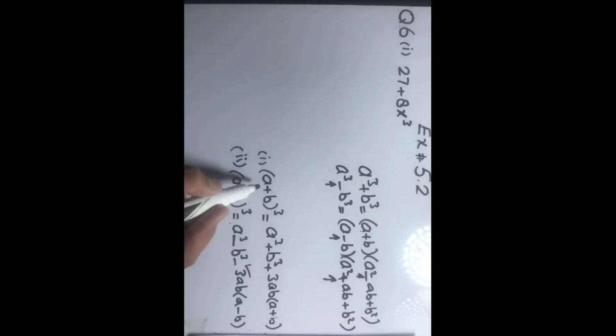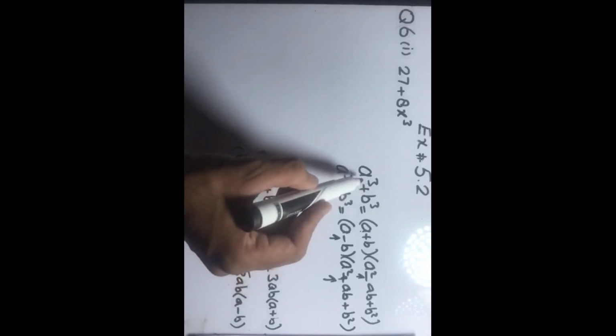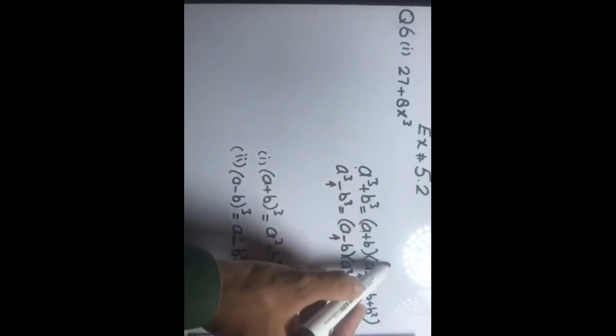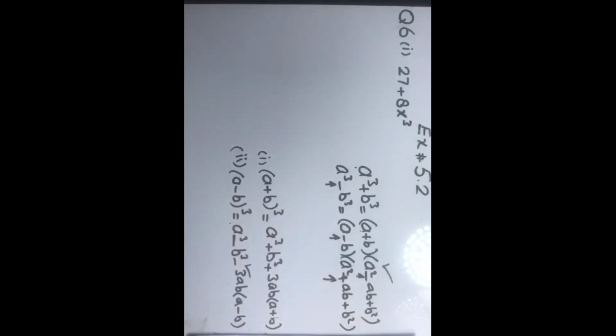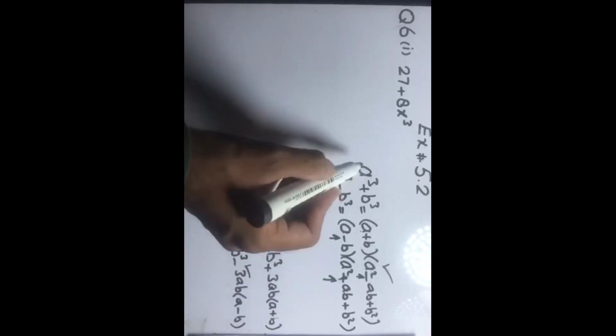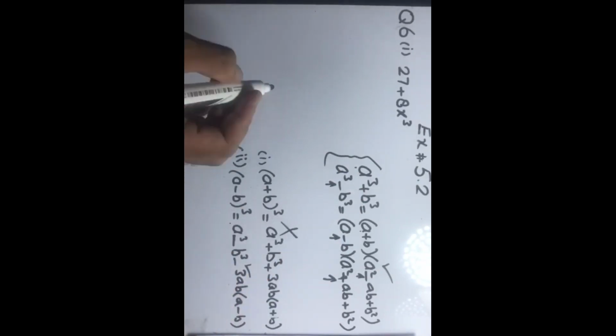You can see here we take the cube of a plus b as a whole, but here we take cubes separately, a cube plus b cube. Now in this question we use the formula a cube plus b cube and a cube minus b cube. This formula is not used in question number 6.